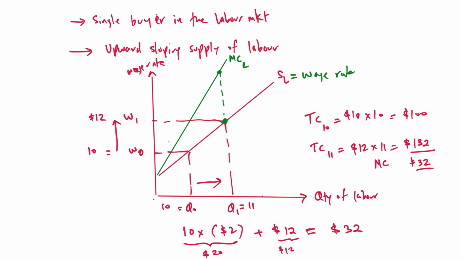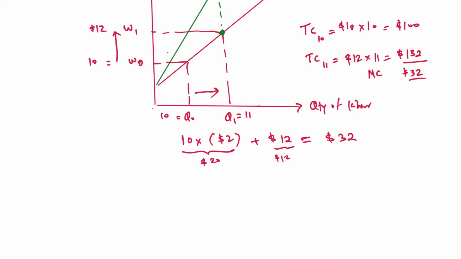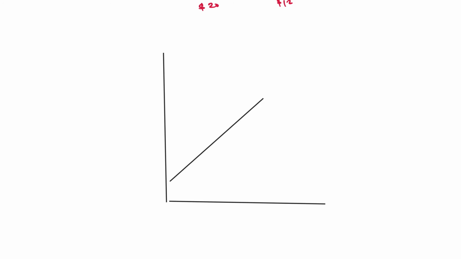How do we use this knowledge to find equilibrium? Can we move on to the equilibrium now? Now, for the equilibrium, we're going to make our demand curve, we're going to make our same supply curve. Supply of labor is like this. My marginal cost is like this.